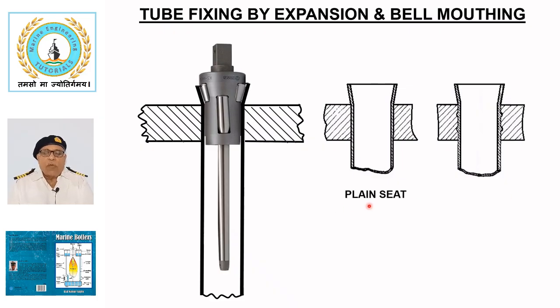Plain seats are widely used both in smoke and water tube boilers. Grooved seats are used for large diameter tubes such as downcomers, which permit flow of material in the grooves while expanding them.